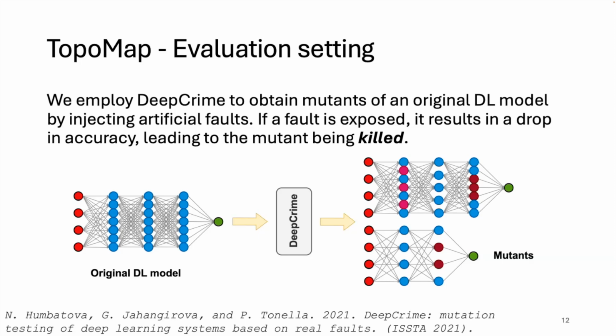So we say that our results are good if we can identify some regions such that the inputs can lead to the killing of a mutant. A mutant in this case is killed if we register a statistically significant drop in the accuracy with respect to the original model.